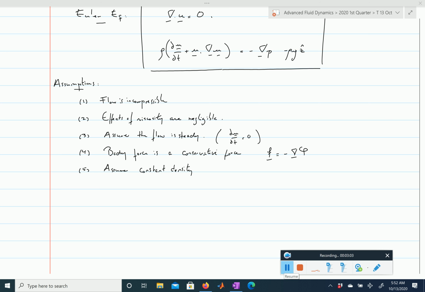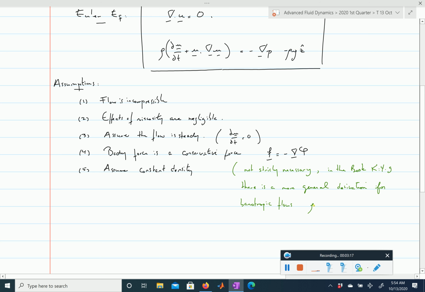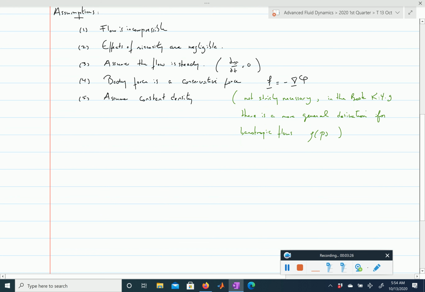So you can find a more general derivation in the book. So this is not strictly necessary. In chapter 4.9, you can find a more general derivation for barotropic flows, and these are flows for which the density is only a function of pressure. But we will not do that in this class.